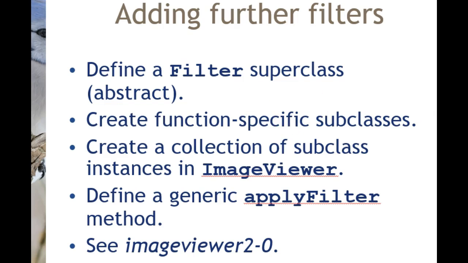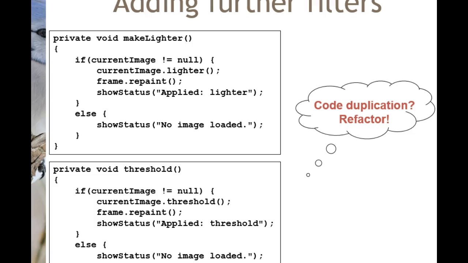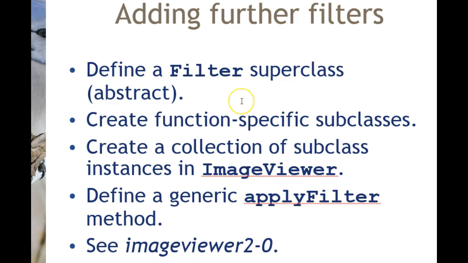As you can see, there is a lot of duplication here. So the best approach is to define a filter superclass, maybe abstract, create function-specific subclasses, create a collection of subclass instances in Image Viewer, and define a generic apply filter method. You can see it also in Image Viewer 2.0.